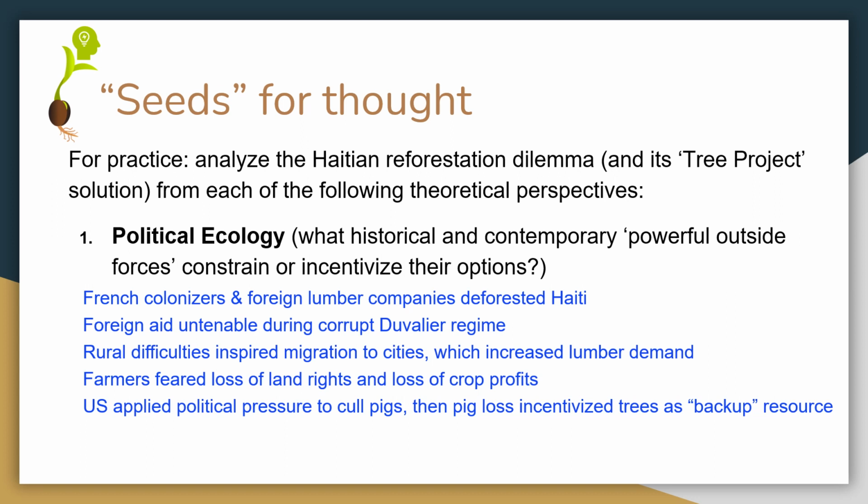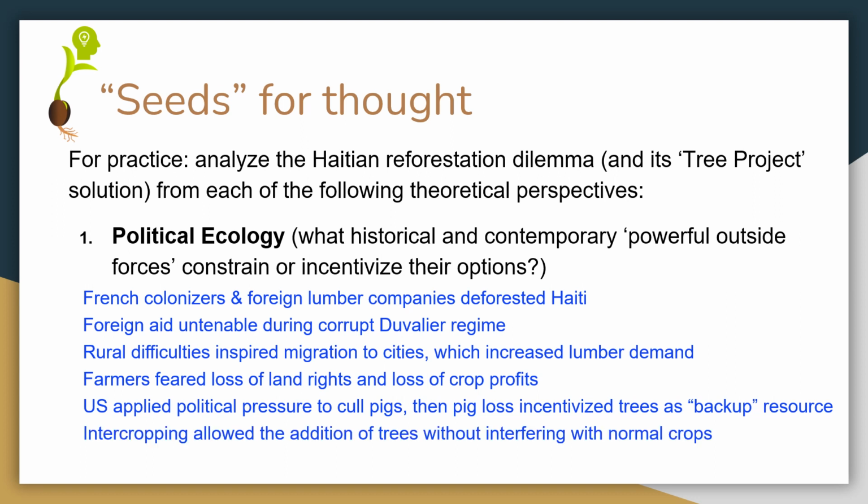Then recall that the U.S. applied political pressure to cull pigs in 1982. Then that loss of pigs incentivized farmers to use trees as their backup resource instead. Intercropping allowed the addition of trees without interfering with normal crops.